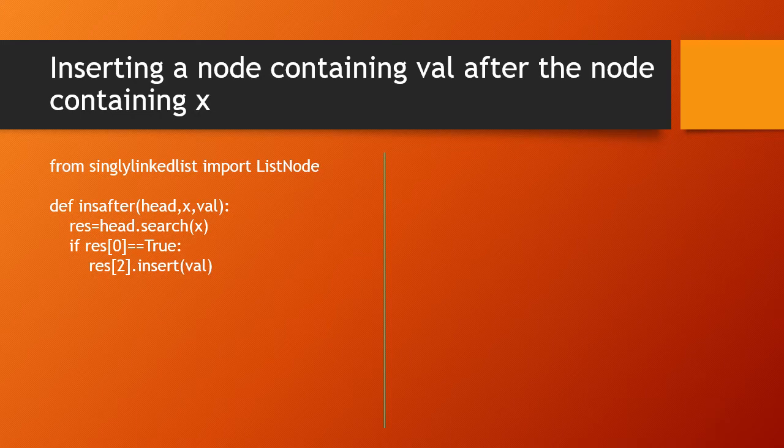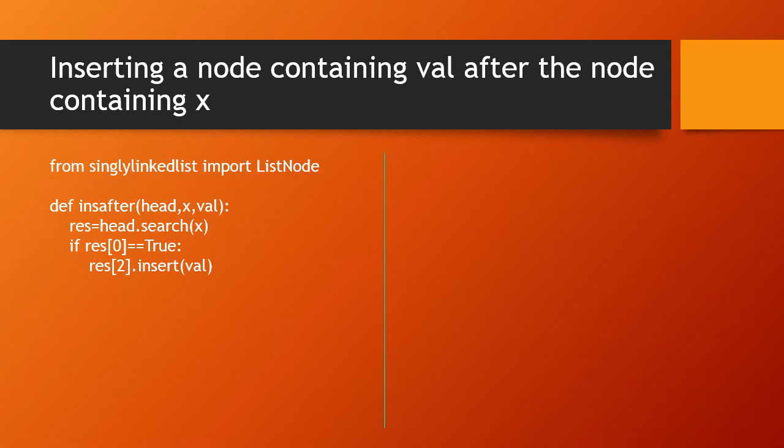But right now, we don't even know if there is a node containing x. So what we want is a pointer to the node containing x. Who will furnish that? Who will tell us if there is a node containing x or not? The search function.